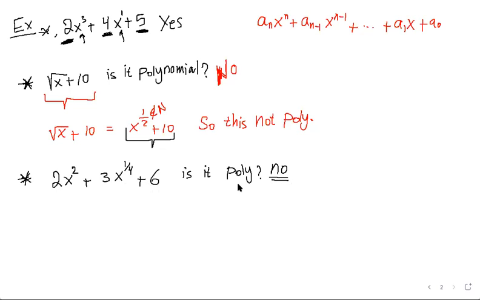No, it's not a polynomial because 1 over 4 is not a natural number. Make sense?